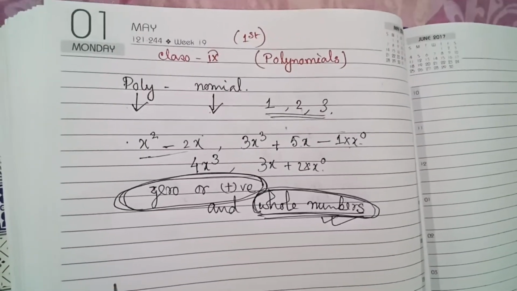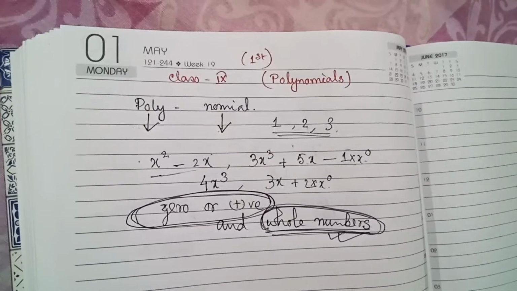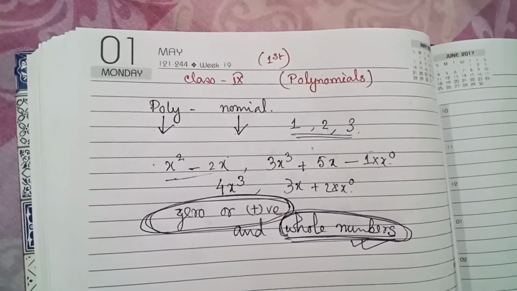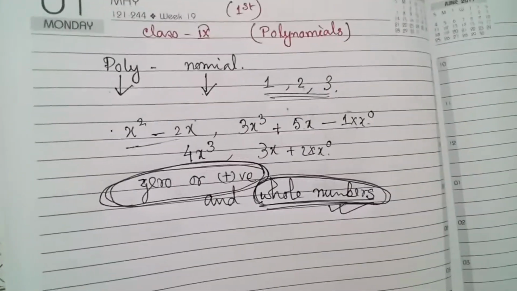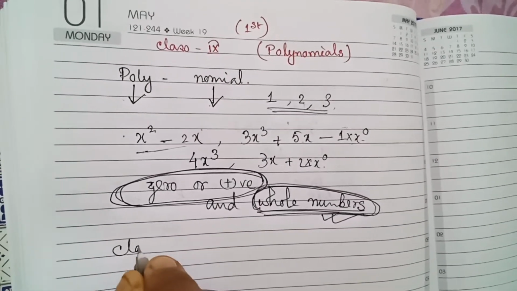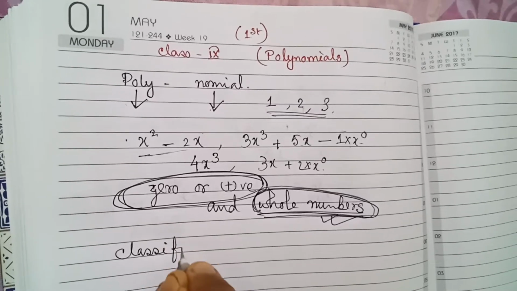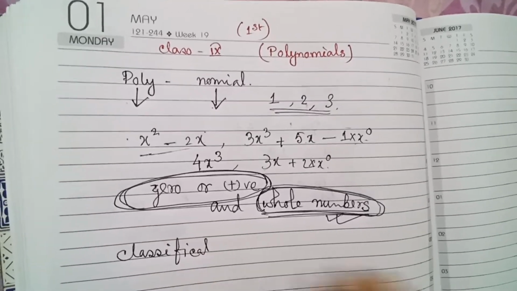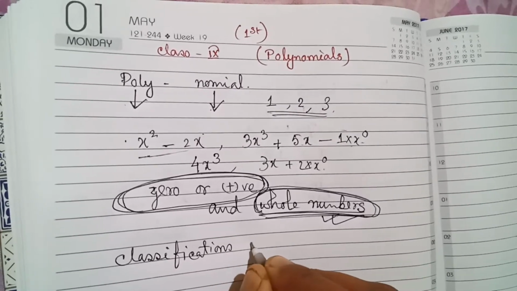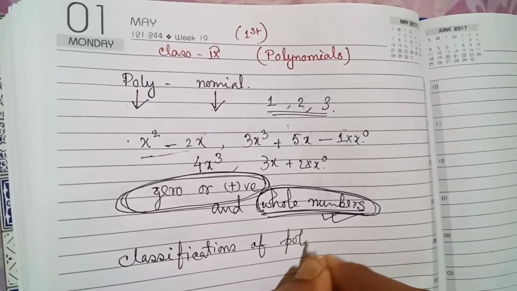Depending on the number of terms that a polynomial has, there are some different categories of polynomials. So there are classifications, or you can say types, of polynomials.